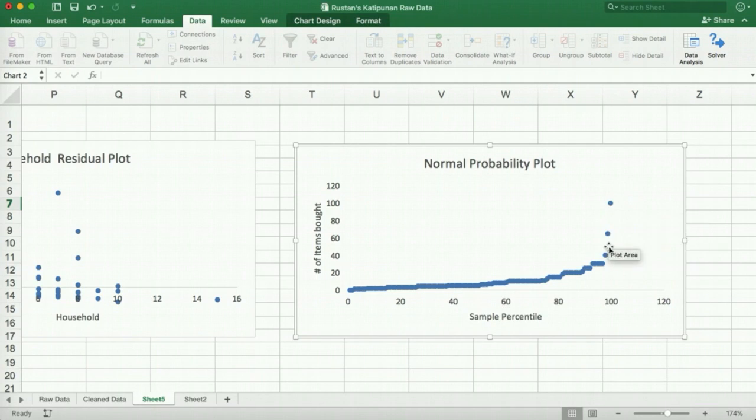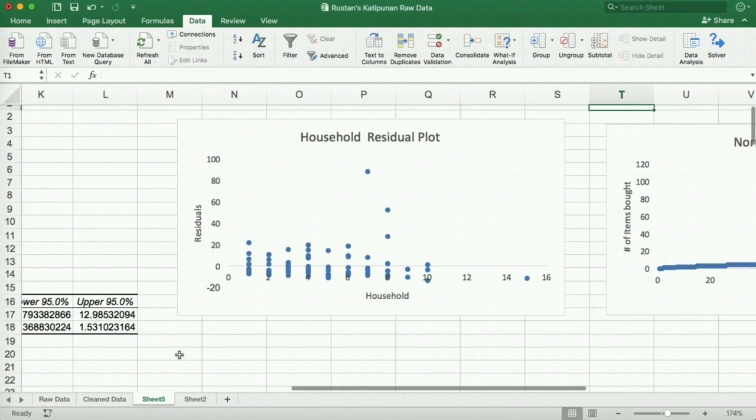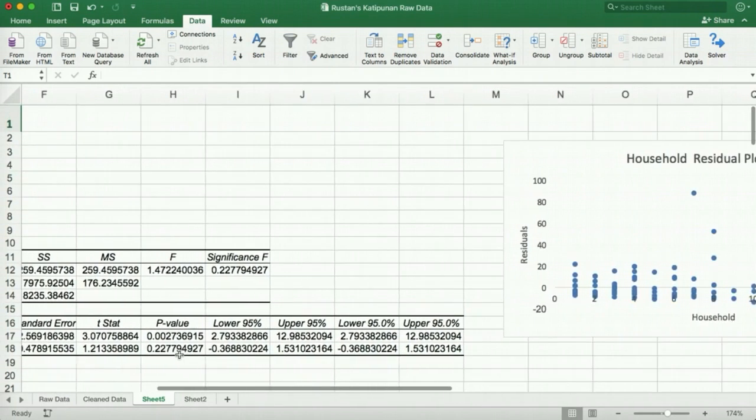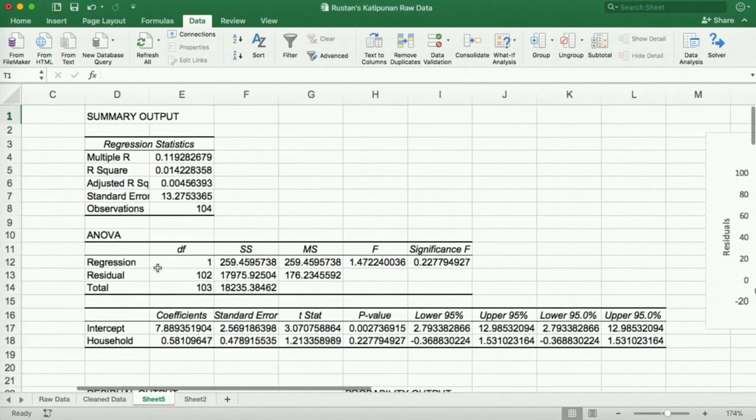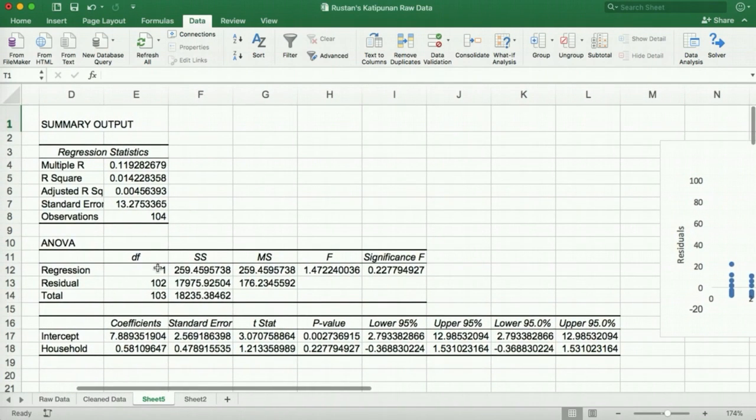So these ones we can just ignore, and the rest are relatively close to a straight line. So now it's more acceptable, and we can now assume that the residuals are normal. So the normality assumption is satisfied. So now that we've checked these two, we can now try to interpret the results of the simple linear regression.